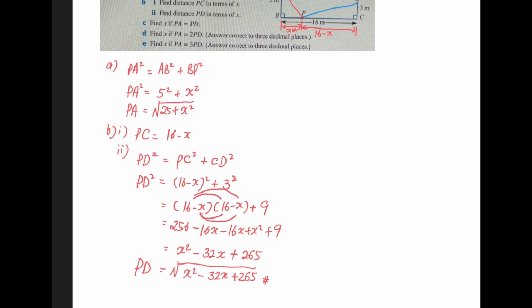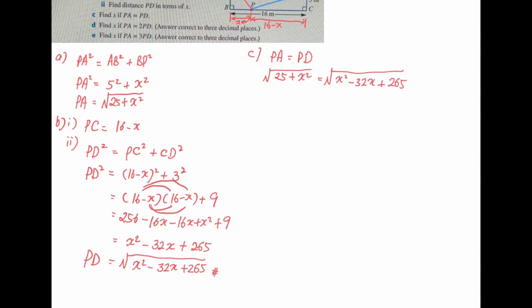So we just do it here, part C. PA equal to PD. PA is square root of 25 plus x squared. PD is square root of x squared minus 32x plus 265.